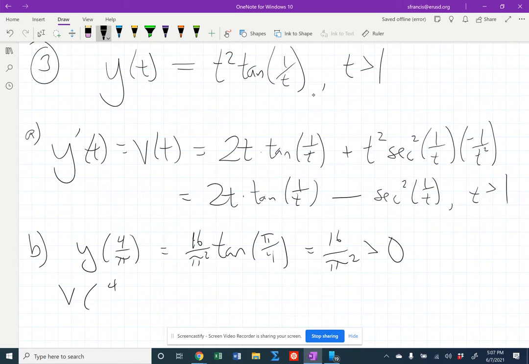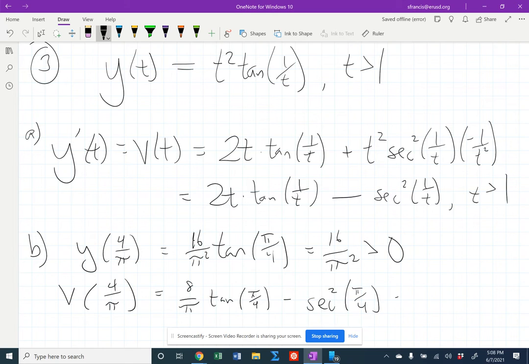Now the velocity at 4 over pi is, they gave you the velocity function, so this should be fairly straightforward to calculate, or at least you can't make the mistake of getting the answer wrong from having the wrong velocity function, because they gave it to you.